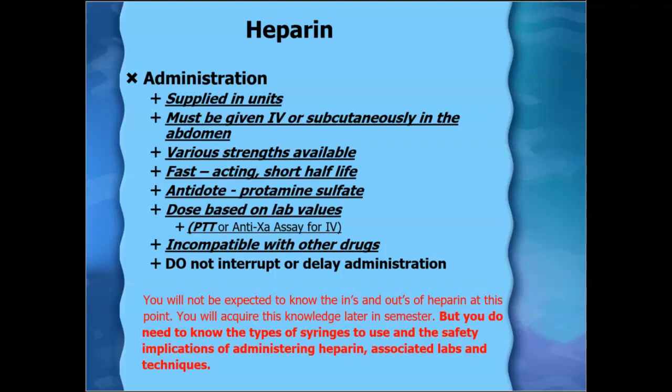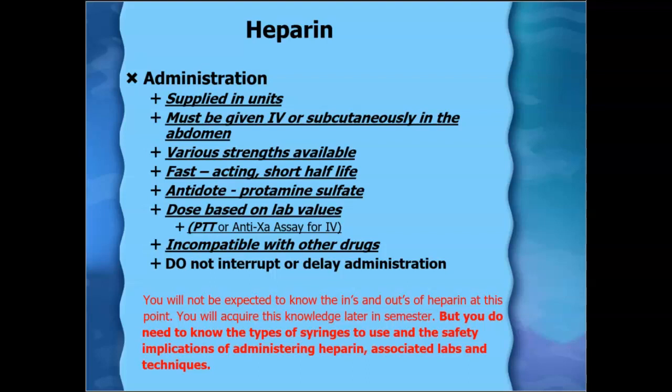Okay, heparin. Again, heparin administered, it's supplied in units as well. It is not given using an insulin syringe, but you need to use the heparin unit syringes, okay? It is given either IV or subcutaneously in the abdomen, and again, you need to make sure you're using a unit syringe because heparin is given in units.